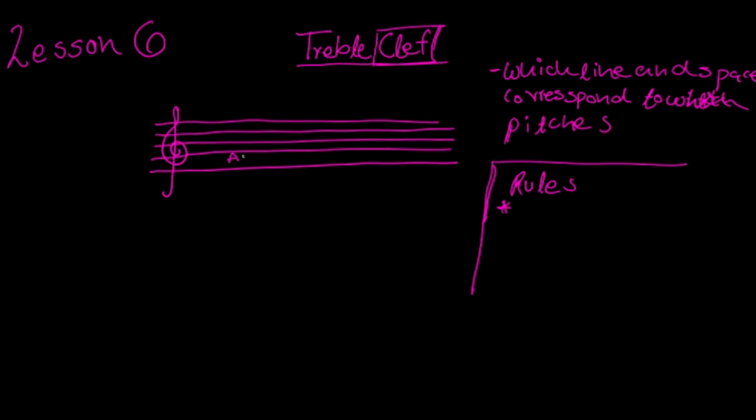If this space happens to be A, the line above it will be B, the space above it will be C, and the line above that will be D, and so on and so forth. It will be in sequence and in order. So there's no random, this one's A, then that one's D, that one's F. So the pitches are in sequence, in that particular order.